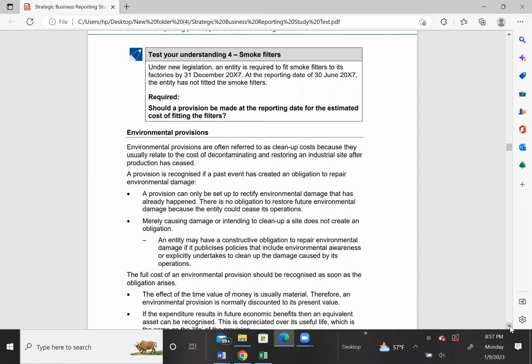Yes or no? Yes student, should we recognize a provision for smoke filters?